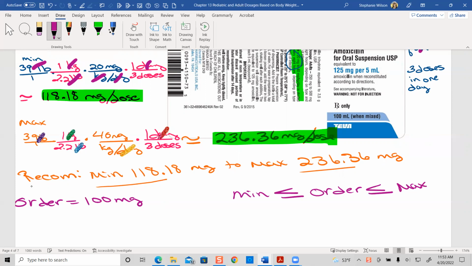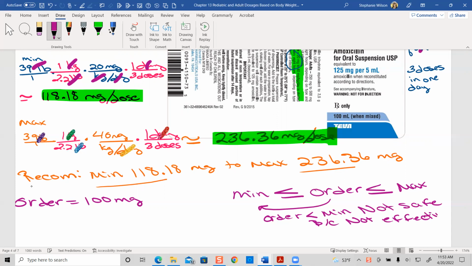So what is this saying? This is saying that if the order is less than the minimum, then it's not safe because it's not effective. If someone goes into the hospital or a doctor and they give them antibiotics for an infection and they don't give them enough to fight the infection, then there's going to become another problem.